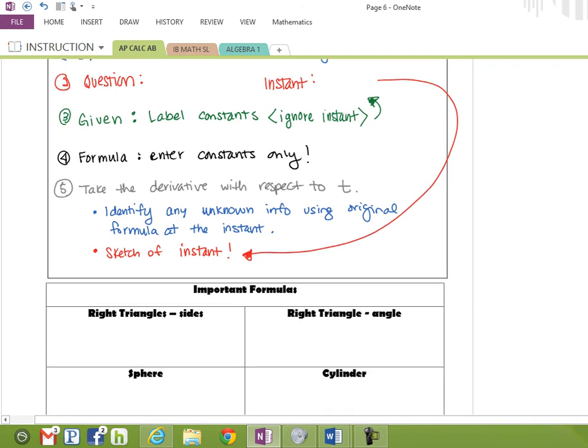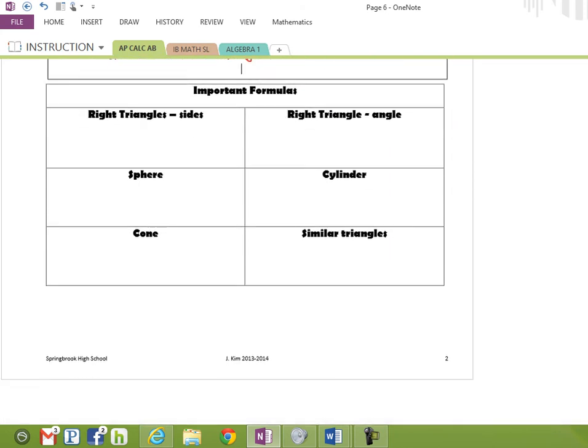Alright, so other things, important formulas. So these are probably the formulas that we're going to use. So right triangle, when you're talking about all the sides of a triangle, if we know all the sides, the Pythagorean theorem, a squared plus b squared equals c squared, is probably going to be our most common.